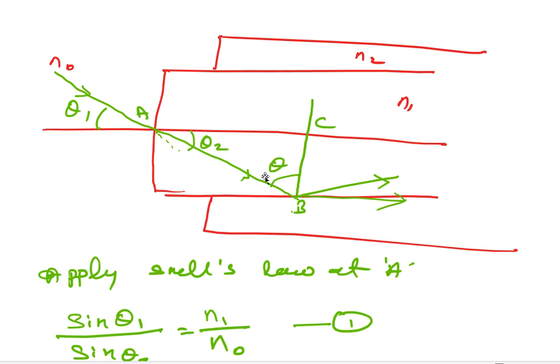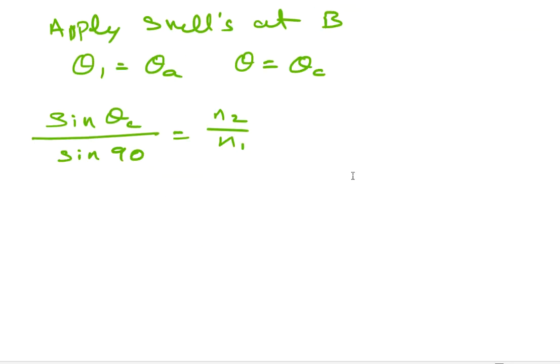So if you apply Snell's law, sin theta c, and the angle of refraction here becomes 90 degree. So sin theta c by sin 90 equal to n2 by n1. That will be equation 5.